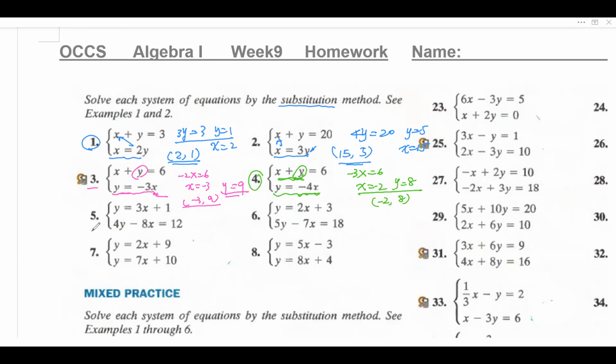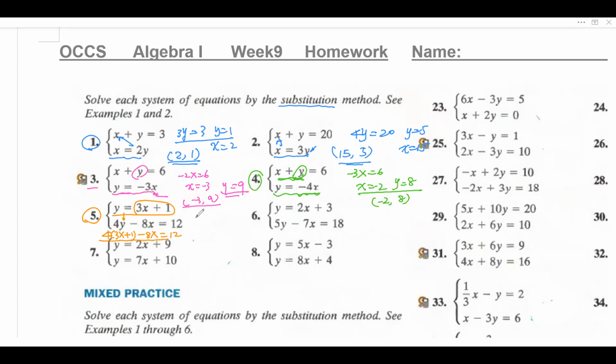All right, let's see this one. We have a little bit more complicated situation. First, y equals 3x plus 1. Second, 4y minus 4x equals 12. You can substitute this y by the expression here, so 4 times (3x plus 1) minus 4x equals 12.